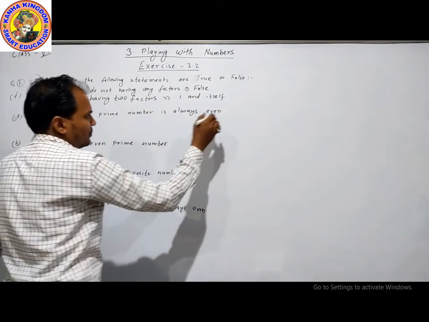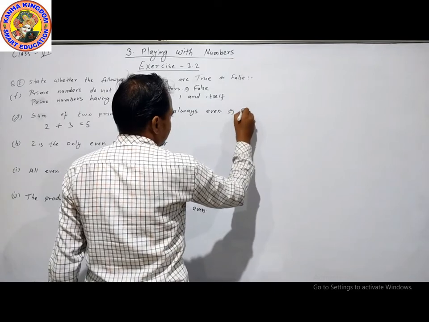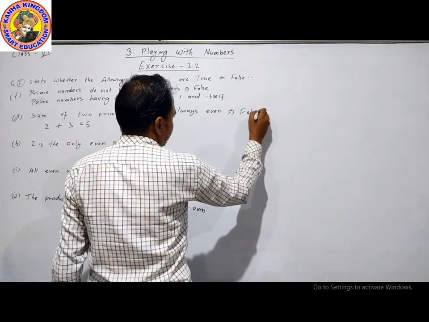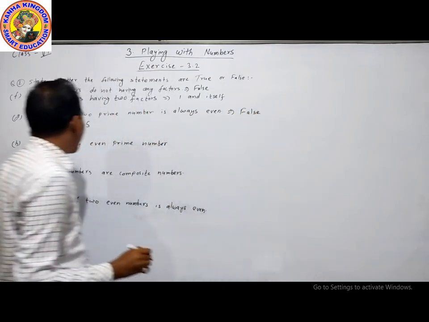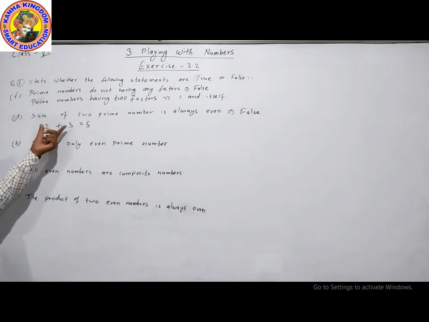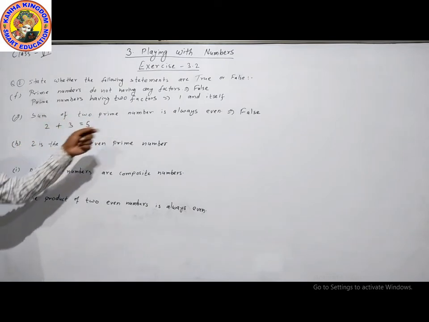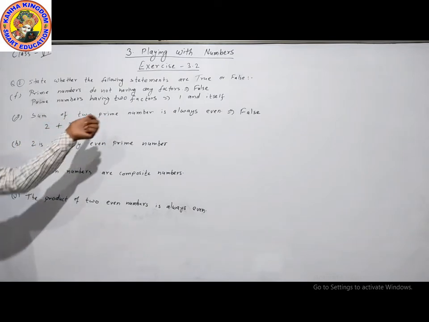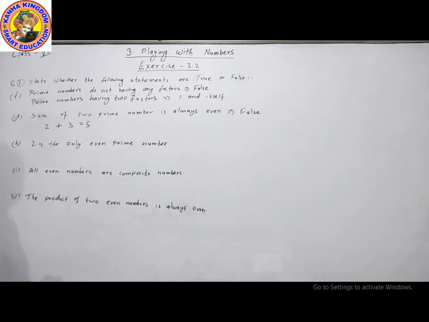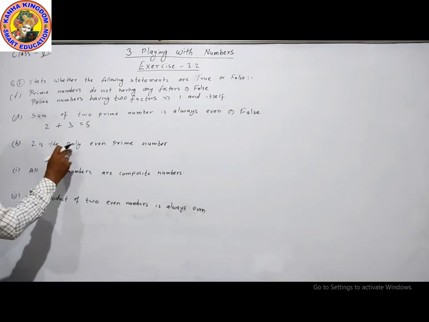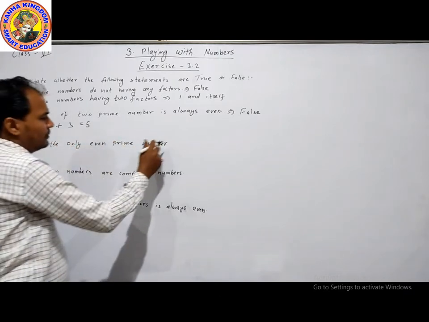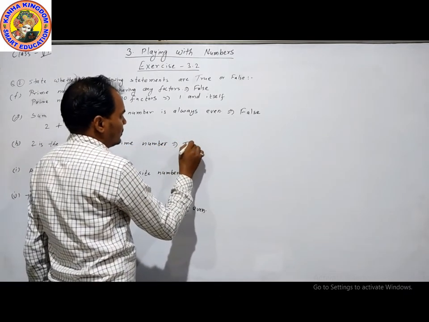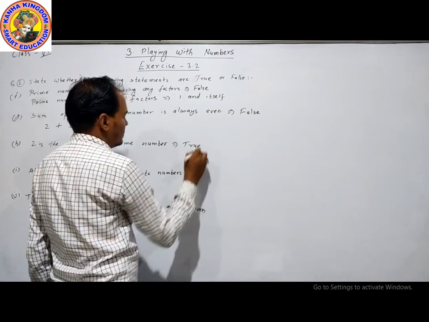Is 5 even? No, so false. The sum of two prime numbers is always even. 2 plus 3 is equal to 5. 5 is not even, so this statement is false. 2 is the only even prime number. Yes, this is true.